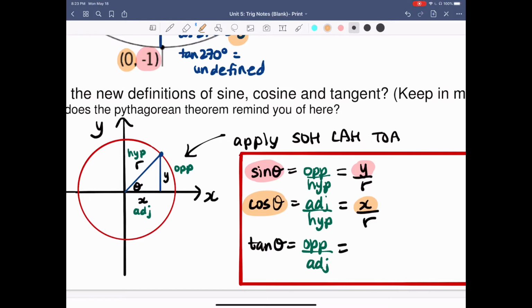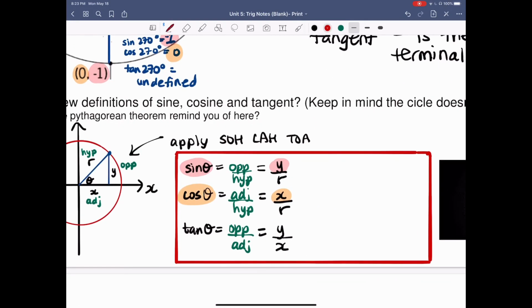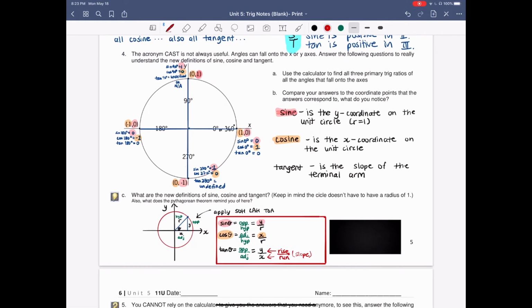Next, opposite over adjacent for tan theta. So opposite is y, adjacent is x, y over x. Well, what does that mean? Well, when you try to find the slope, you're doing rise over run, and that is slope, and that's why I was referring to this. And when I was referring to tan, I was getting you to focus on looking at these as the lines.